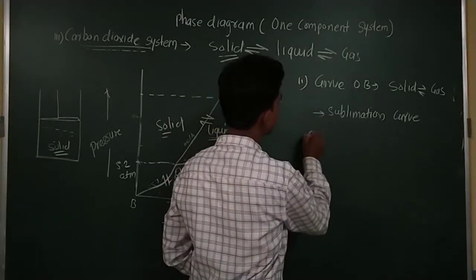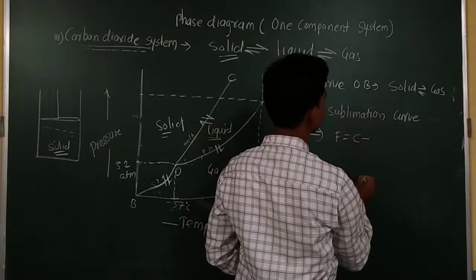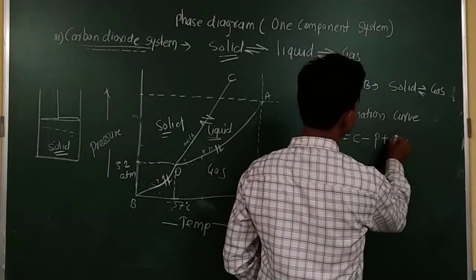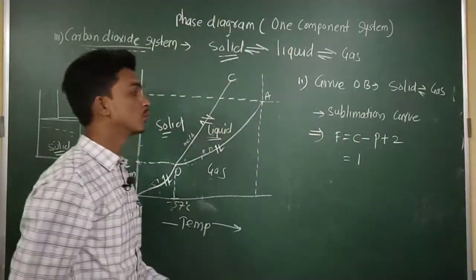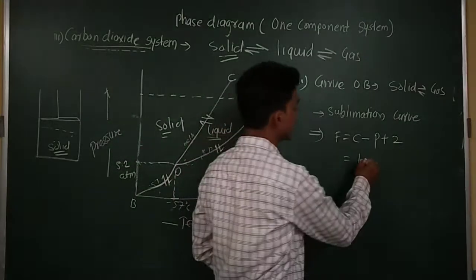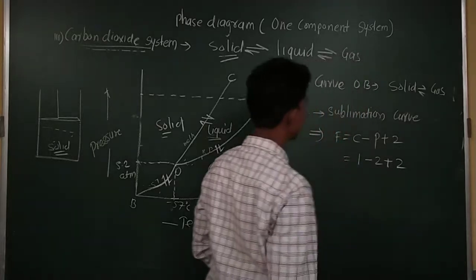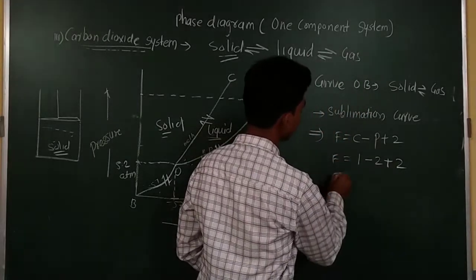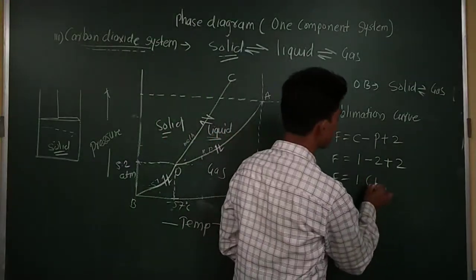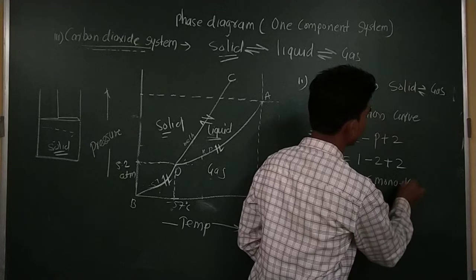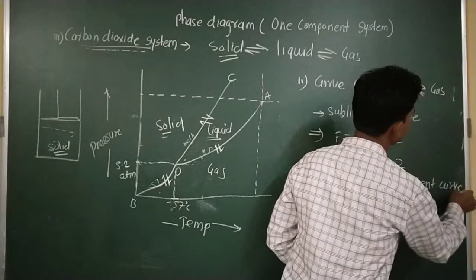At this sublimation curve, what will happen? F is equal to the number of components minus the number of phases plus 2. The number of components is 1 because carbon dioxide is a one-component system, and the number of phases is also 2 at this curve, and we can calculate by using the phase rule. F is equal to 1. That's why we can say this is also a monovariant curve.